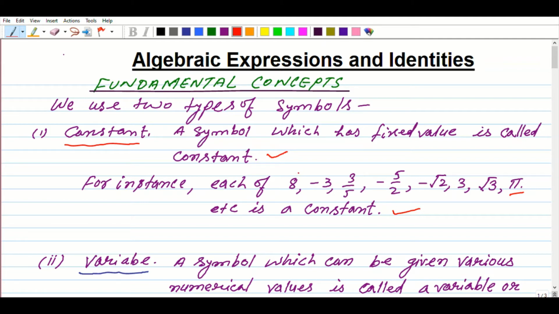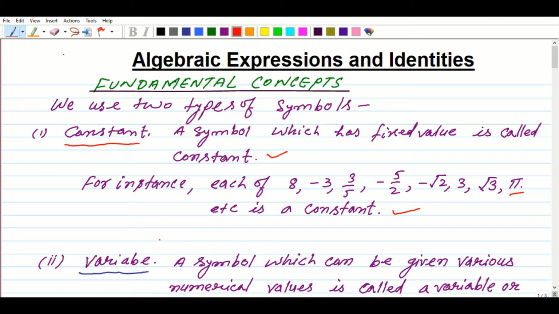There you have observed that r is a variable. The r value always changes, but pi never changes and 2 never changes, right? So pi is the constant. Variable, here is variable.